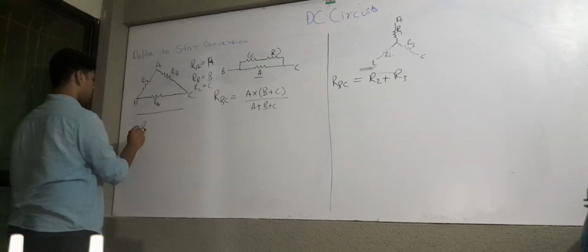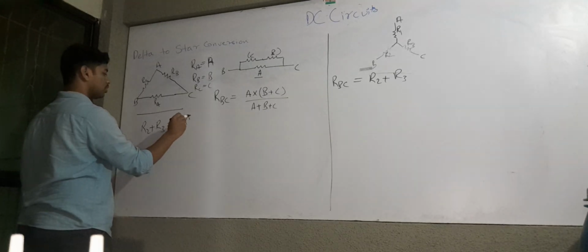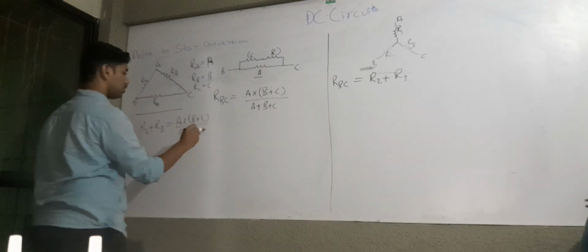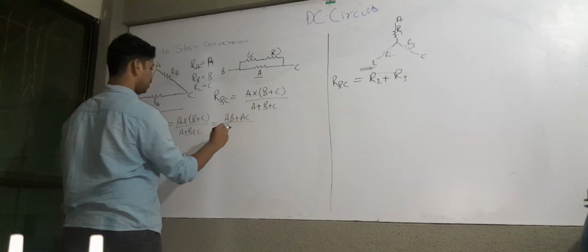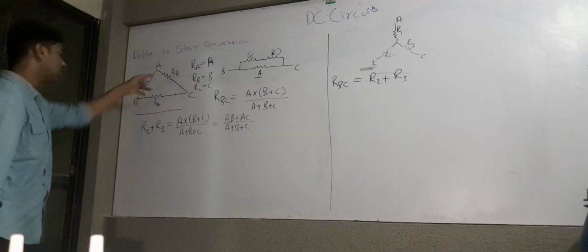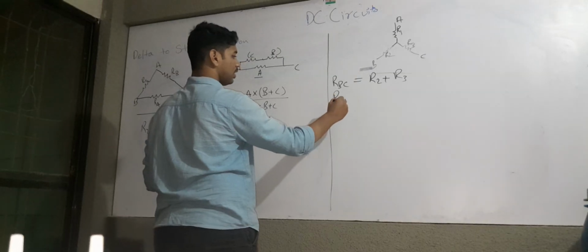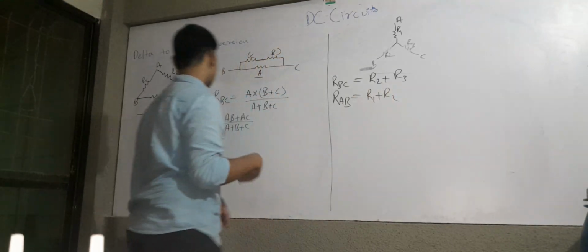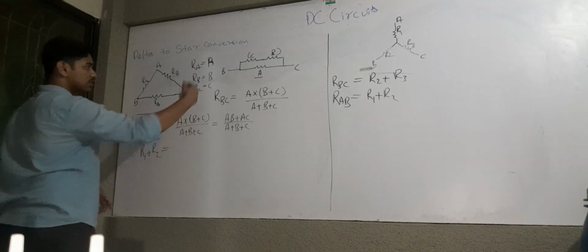So R2 plus R3 equals A times B plus C divided by A plus B plus C, which is equal to AB plus AC by A plus B plus C. Similarly, if we do it for AB, RAB, we'd get R1 plus R2 as the resistance here, and I'm just skipping these steps.